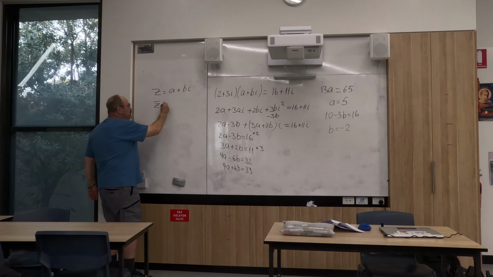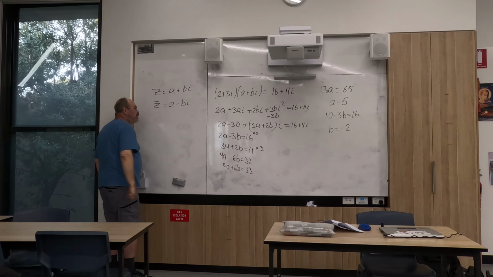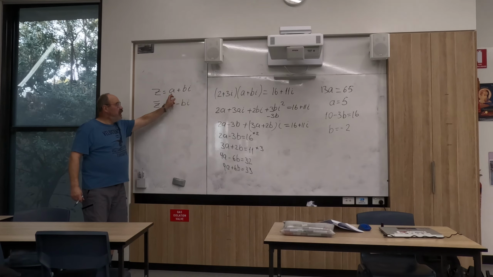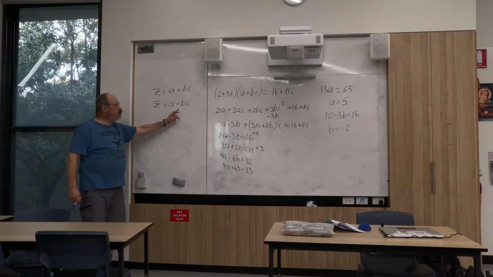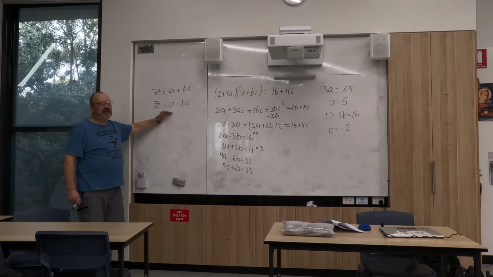That means the same real part, but the opposite sign of the imaginary part. The conjugate of a plus bi is a minus bi. It's like rationalizing, yes, very good guess.